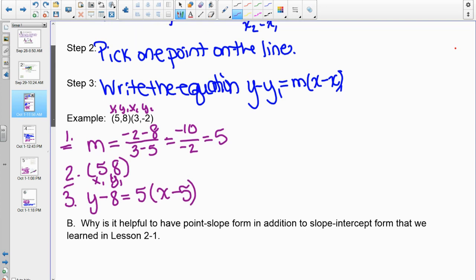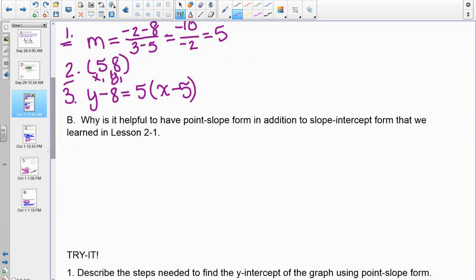So let's look at the next question. Why is it helpful to have point-slope form in addition to slope-intercept form that we learned in lesson 2.1? So why do we need to have two forms for the same exact line?